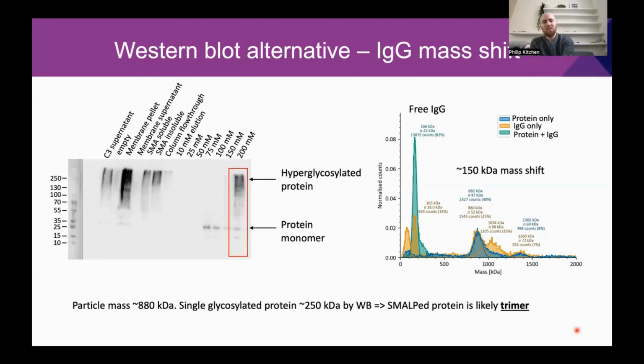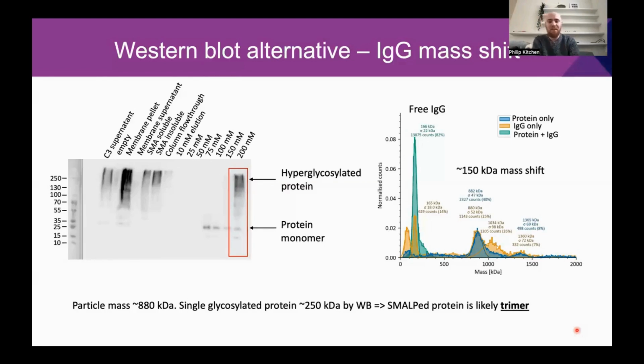And so one of the things that we've started to do now is, because Western blots are a long and laborious experiment, typically 2 days, and mass photometry is a very quick experiment, maybe 2 minutes, we've been exploring whether we can replace Western blots to validate our samples with mass photometry.